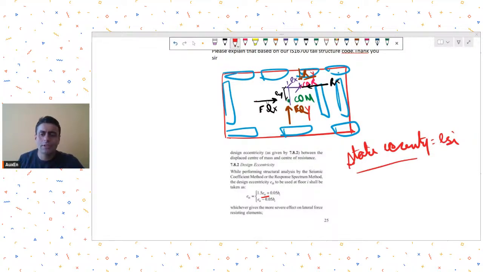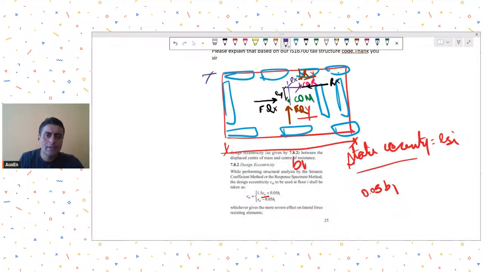So then you have to consider this accidental eccentricity, which is taken as 5% of the width. So if you are taking earthquake in Y, you will have to take this dimension and take 5% of it, 0.05 B1. If you are considering earthquake in X, then you have to take 5% of B2.